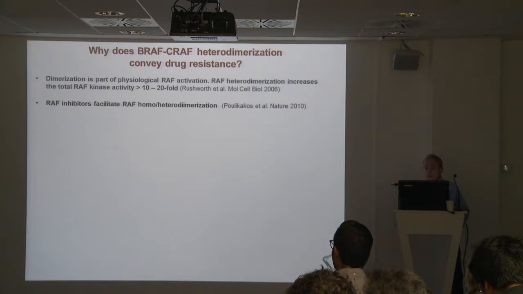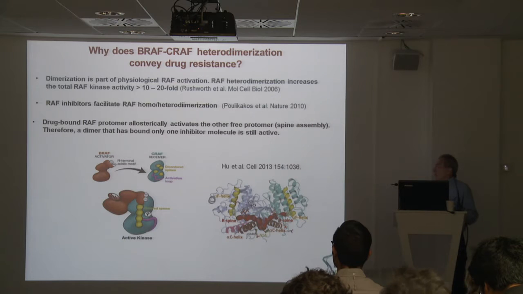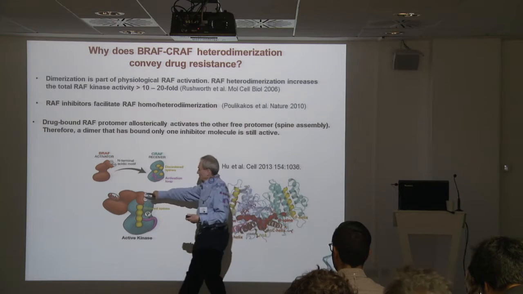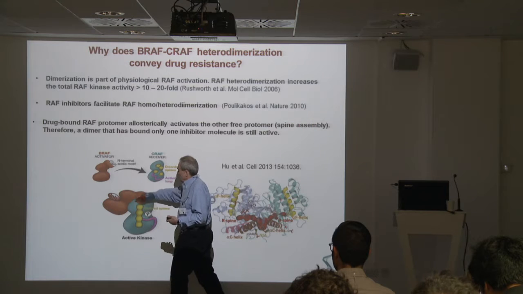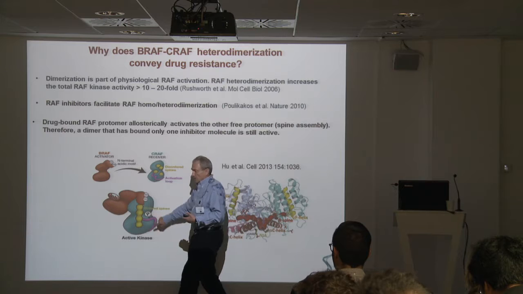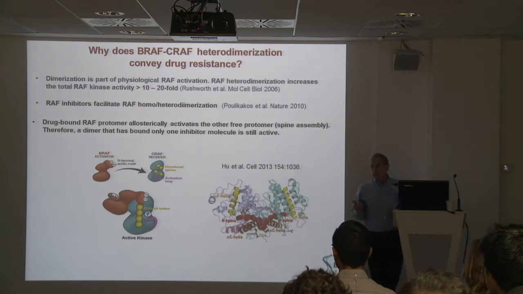RAF inhibitors facilitate RAF dimerization. This is the reason why you see paradoxical activation. And then the drug-bound protomer, which is shown here in this kinase, transactivates this protomer, and therefore half-inhibited dimers are active.